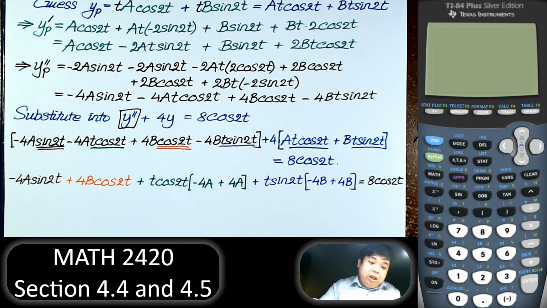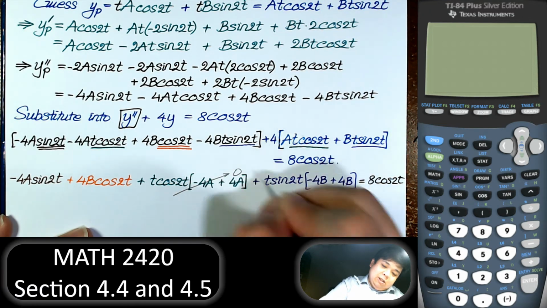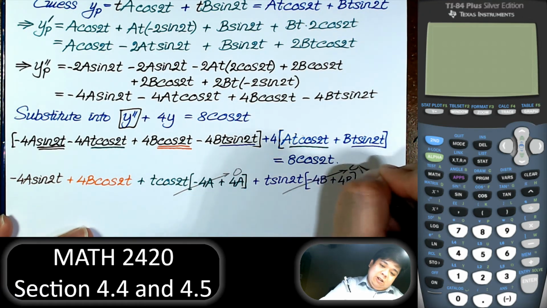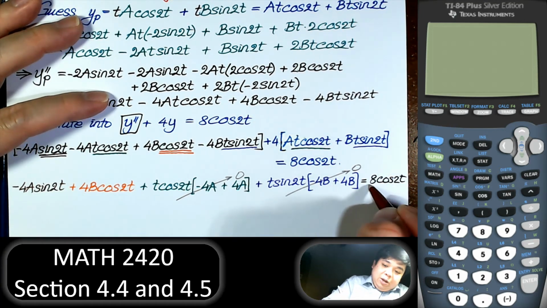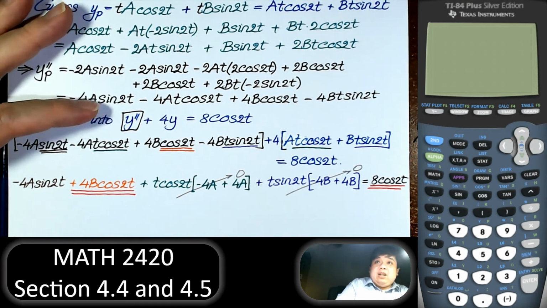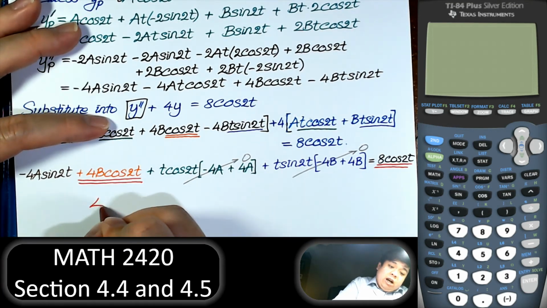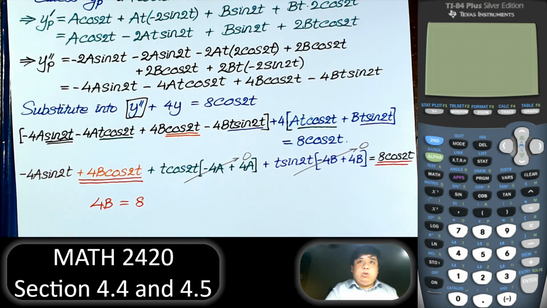Right. Good thing here, even though there's 4 terms, but this is 0, and this is 0. And the only thing that equal to here is a cosine 2t and 4b cosine 2t here. So the only thing we can get from the equation, actually 2 things. 4b is equal to 8 because both of them have cosine of 2t.